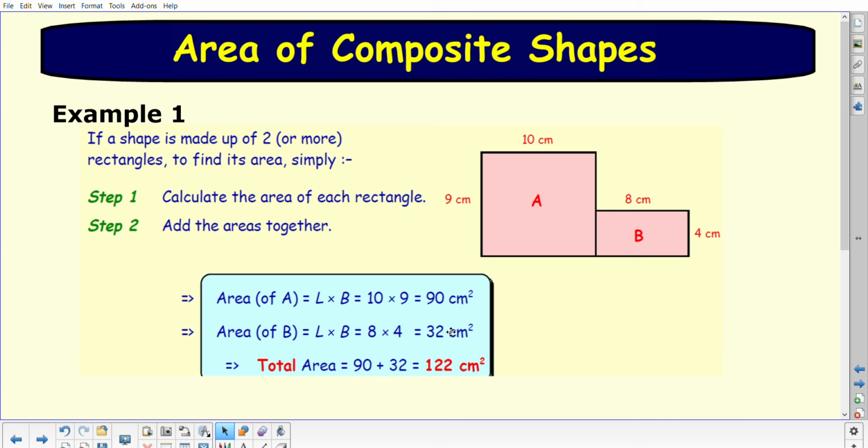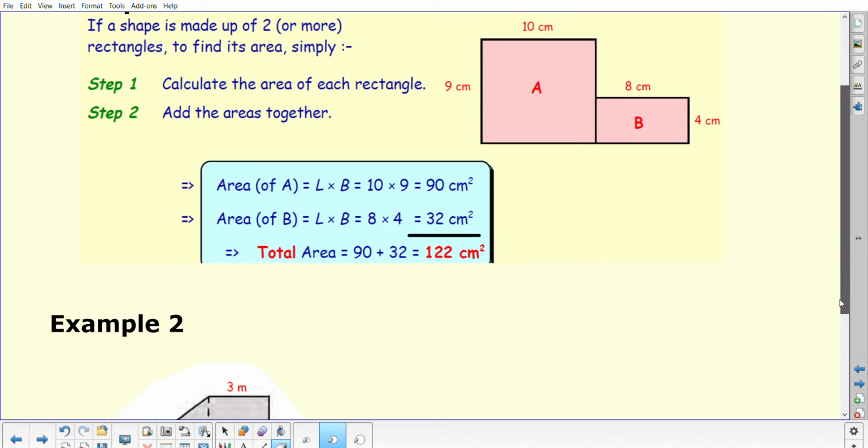And we get 32 square centimetres. And then basically to work out your total, you're simply adding together these two values that we've just got here. So you're adding the 90 and the 32, and we're saying at the bottom there that our total area is therefore going to be 122 square centimetres.